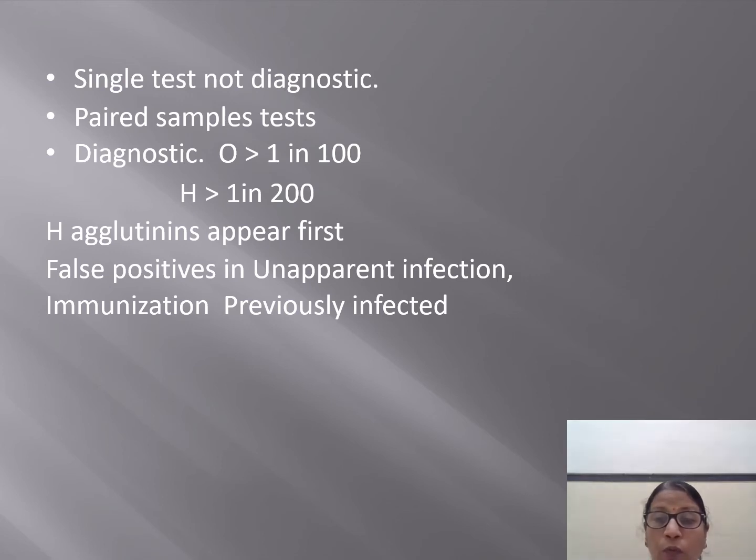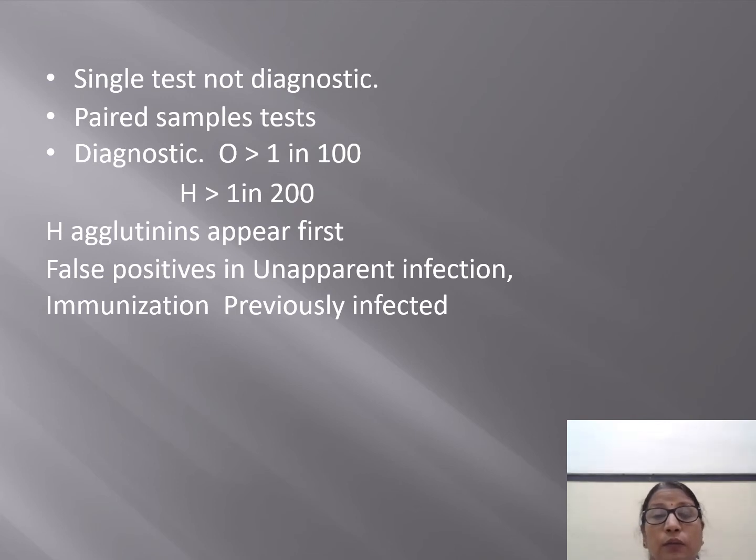Then up to the fourth tube, 20, 40, 80, 160, they should be positive for O. And for H, 20, 40, 80, 160, they should be positive up to the fourth or fifth tube. If you are taking a 5 tube set, then more than 4 tubes, or up to 4 tubes, should be positive.